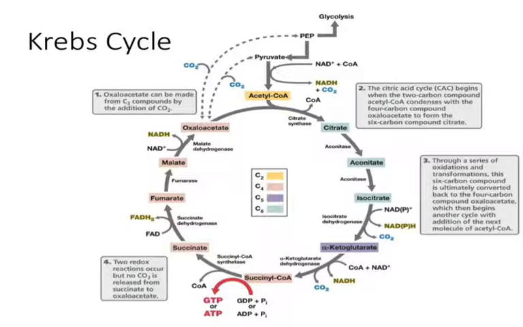Typically, we get about 38 ATP from aerobic respiration. Anaerobic respiration gets less than that, but it gets more than we'll find in fermentation. Why do we get less ATP out of anaerobic respiration?